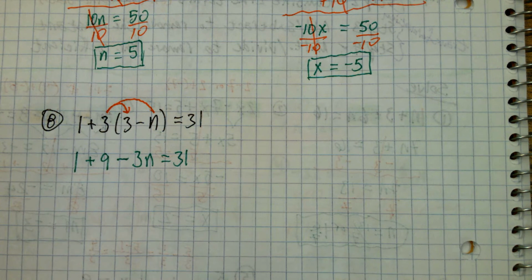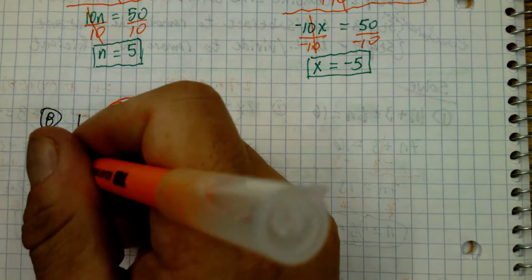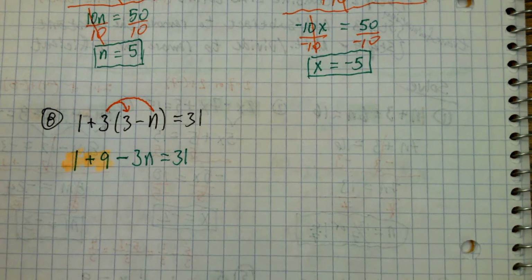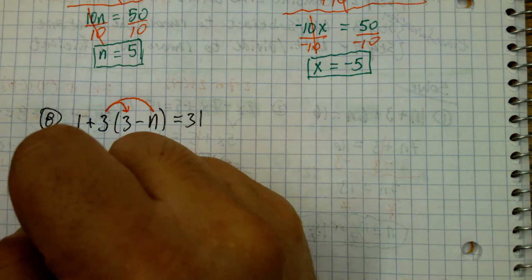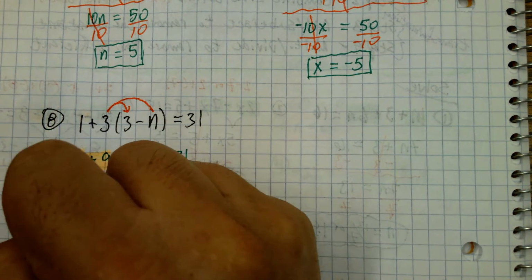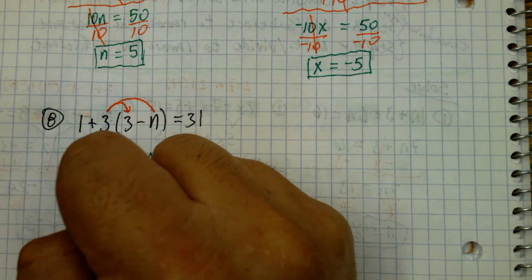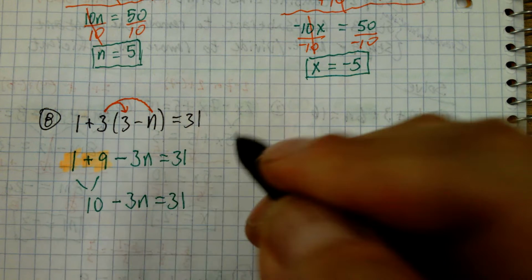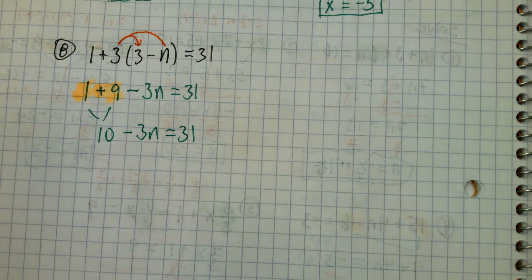I got to combine 1 and 9. Let's do that. Let's combine 1 and 9. That makes 10. And then take away 3n equals 31. Okay? So now we have 10 minus 3n equals 31.